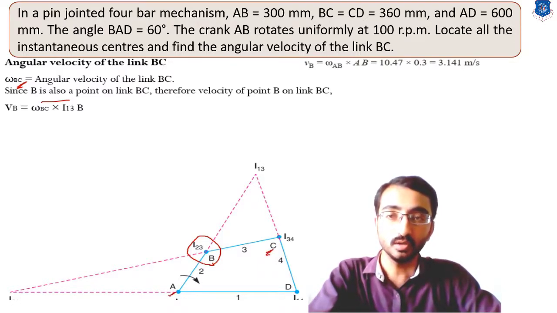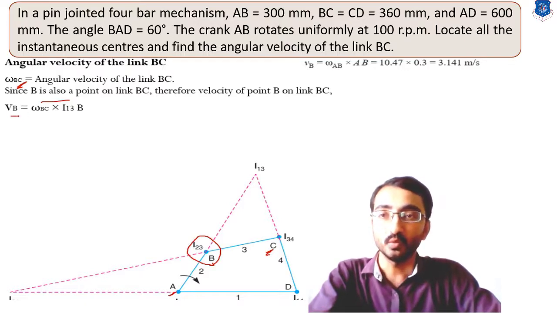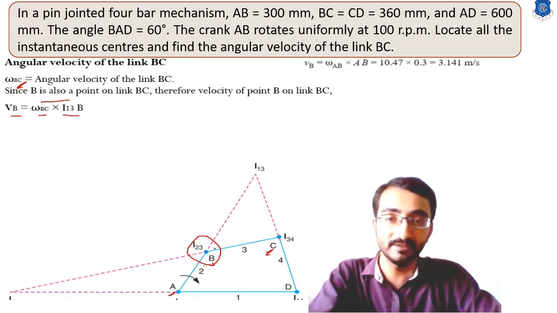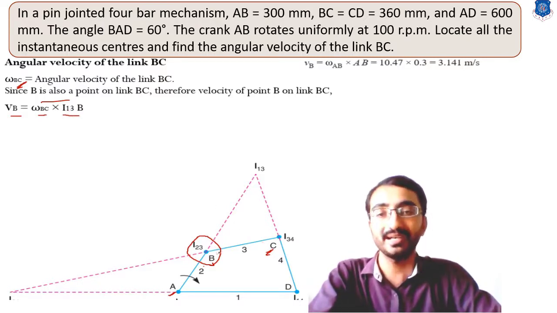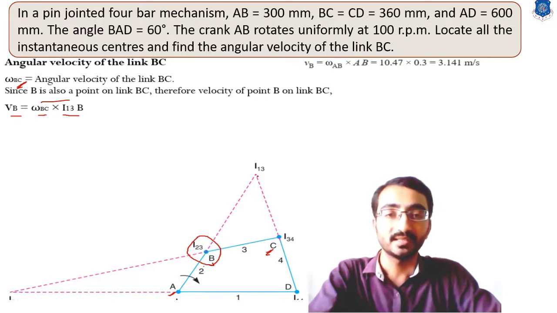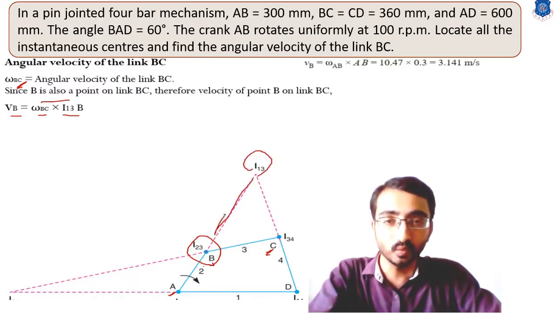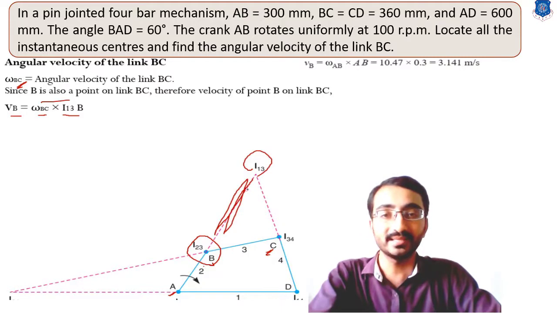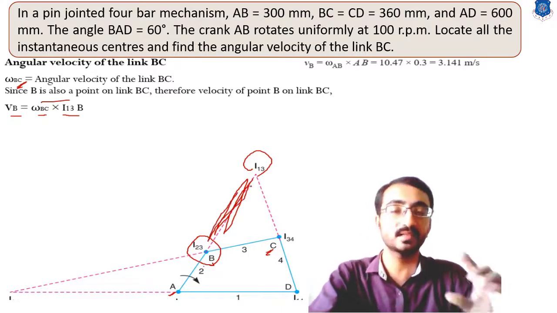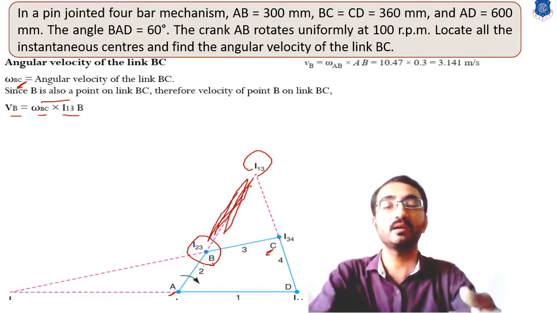Okay, so over here for omega BC we can say it is connected with C as well as with link A. So the velocity of point B, VB, is equal to omega BC into I13B. If we consider it with respect to this C point, then it is this I13B distance. Okay, and this distance we can measure by our scale, and then multiply with our scale.